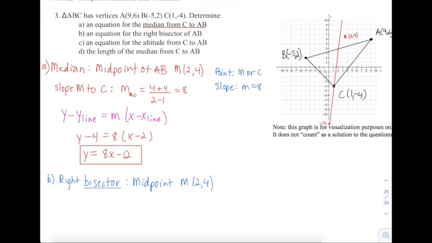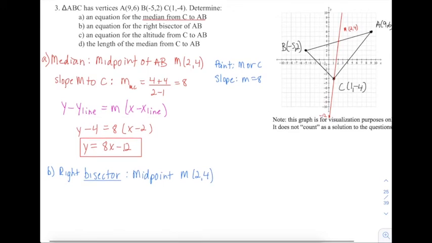But the right part, we need the slope perpendicular to the slope of AB. So we actually have to find the slope of AB in order to get the perpendicular slope.